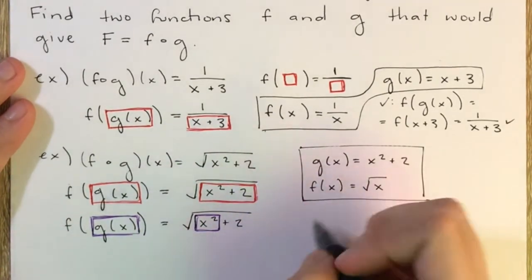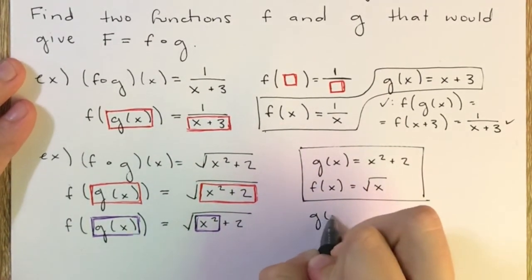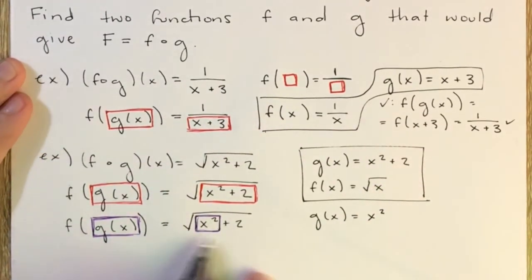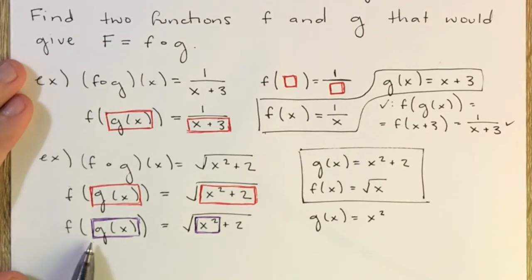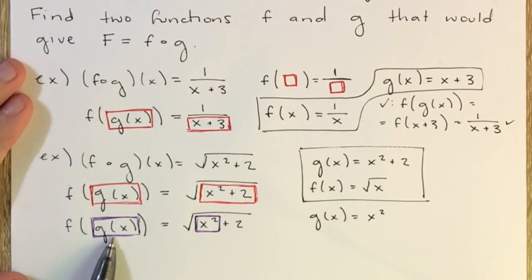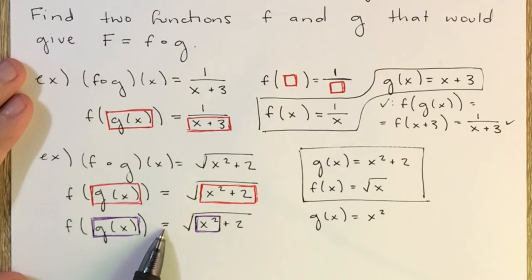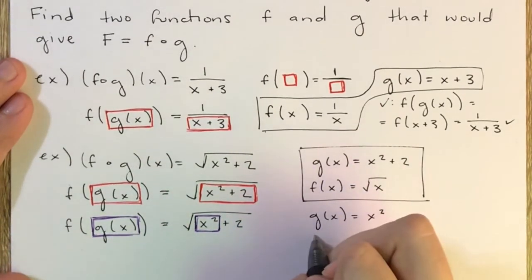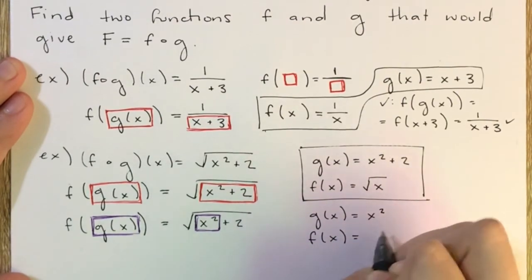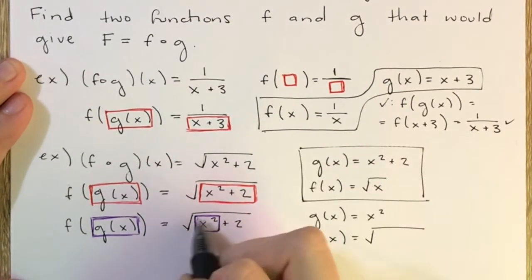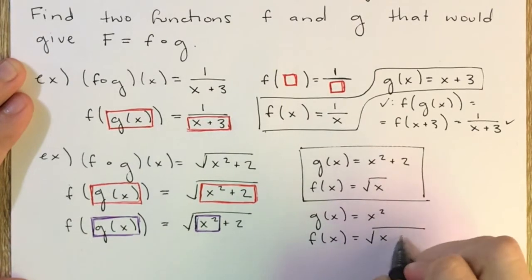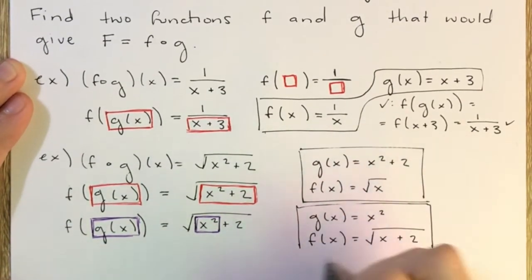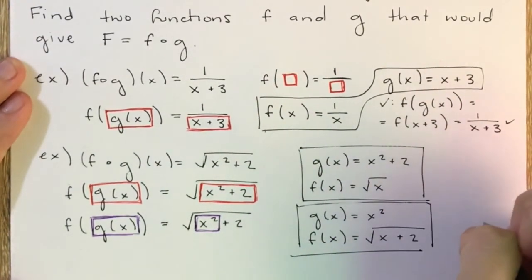X squared is a perfectly good inside function. So here, if g of x is x squared, then what's left over? Well, f of purple square, which we're going to call x, is equal to the square root of purple square plus 2. So our function is f of x equals the square root of x plus 2. These are both correct.